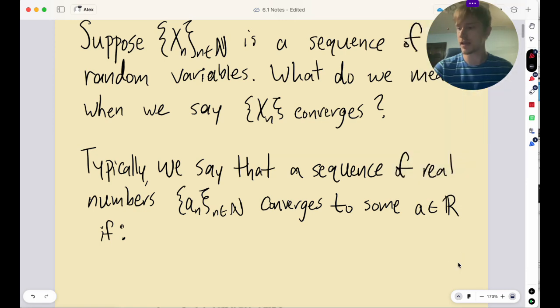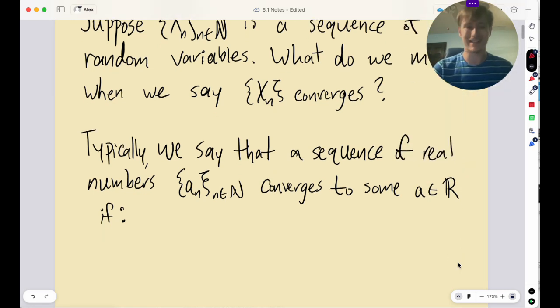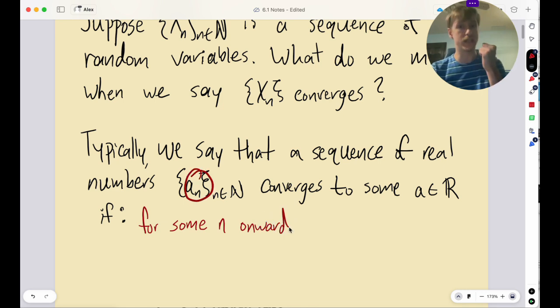Okay, so what does this mean? Well, informally speaking, it means that for some natural number n onwards, the terms in the sequence get really, really close to a.